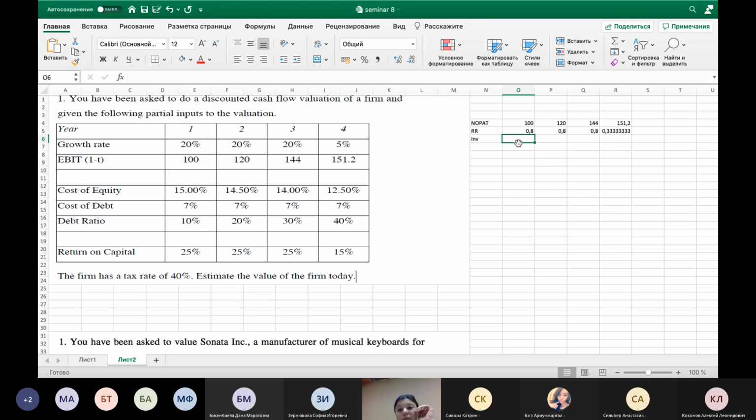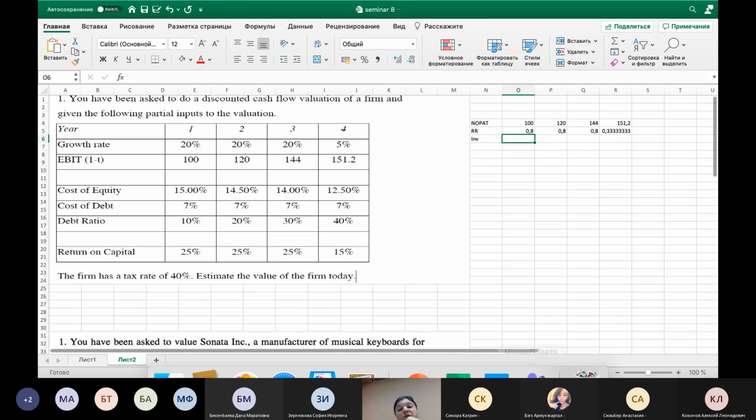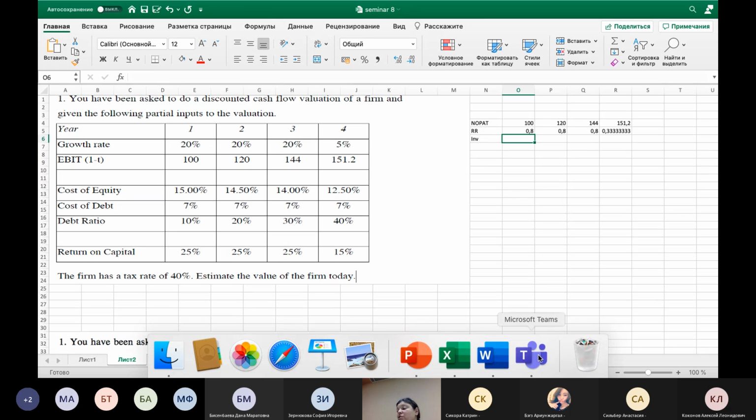How could we calculate our investments? Could you propose your solution? Could you propose your mechanism of finding our investments in the context of this task?